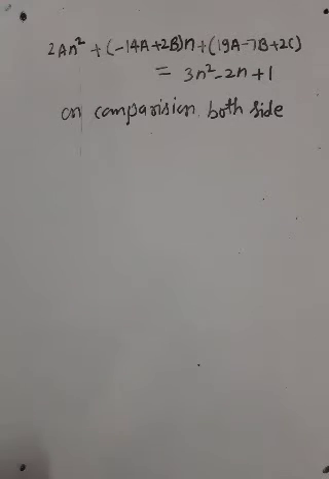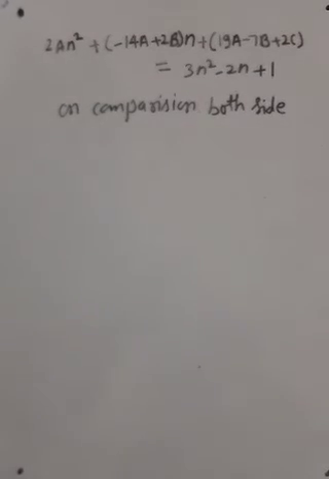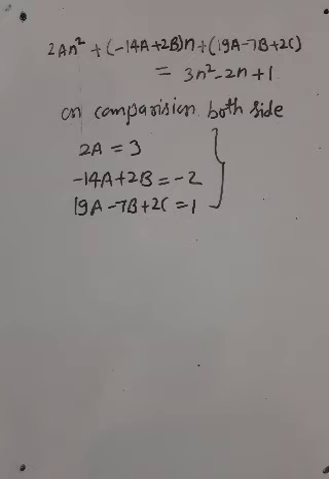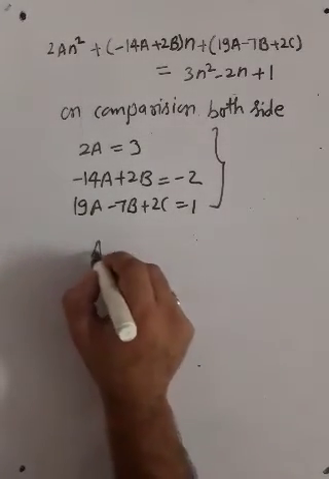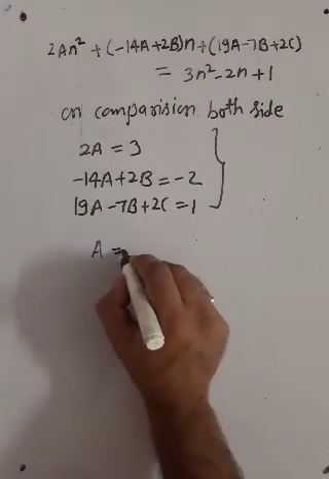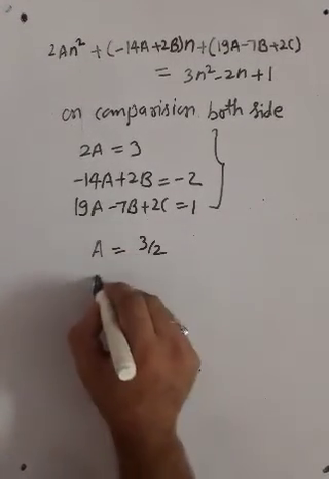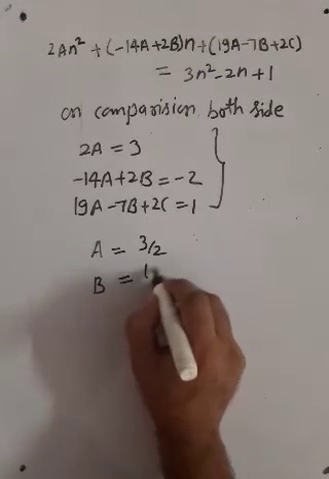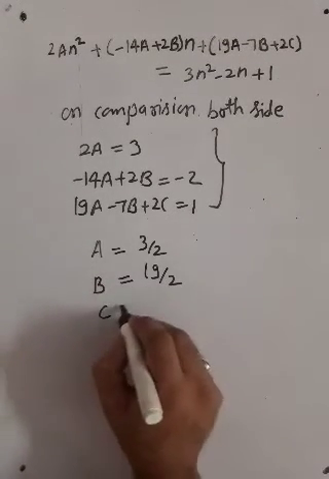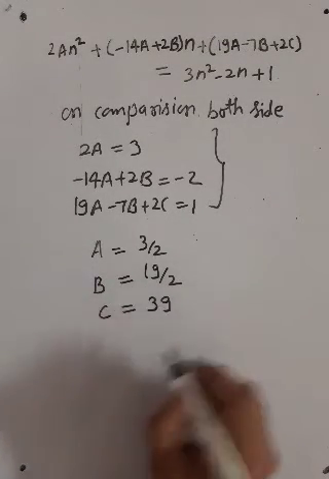On comparison of both sides, we have a system of equations in capital A, B, C. Solving these equations, we get the value of A is 3 by 2, value of B is 19 by 2, and value of C is 39.